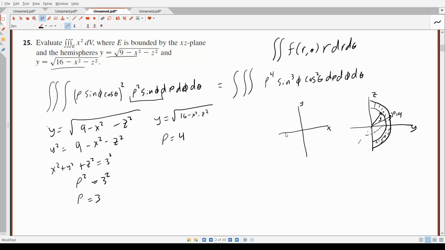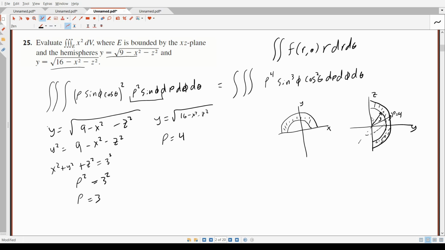We know that it's bounded by the xz plane, so it's going to be like this, with z sticking straight up out. So this is the xz plane, and this is the region we're interested in.